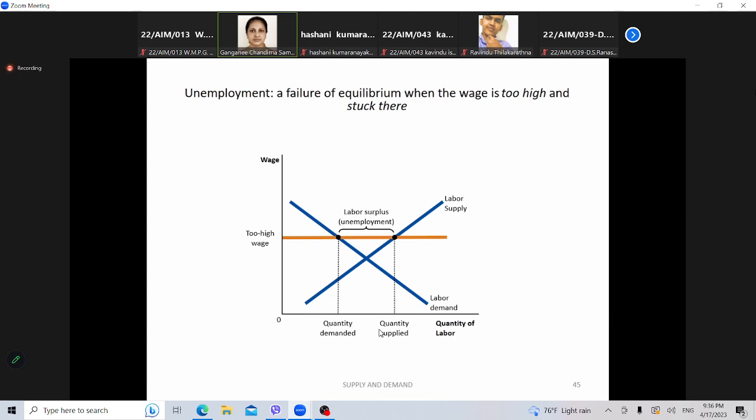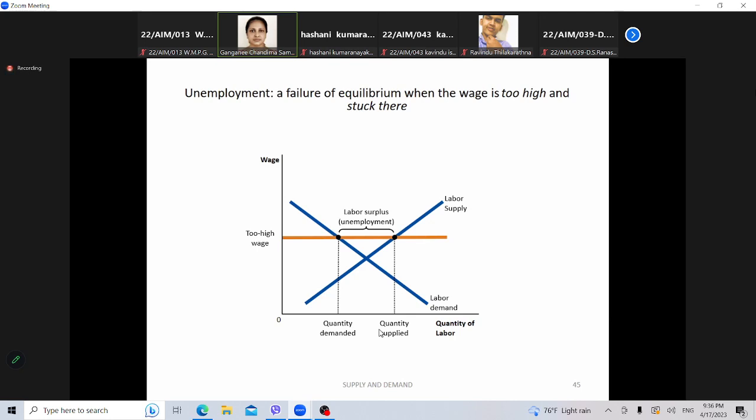jobs with high pay. Okay, so that's why we need to remember, too high a wage motivates more people to work. I mean, the number is increasing due to high wages. Then a labor surplus is there.